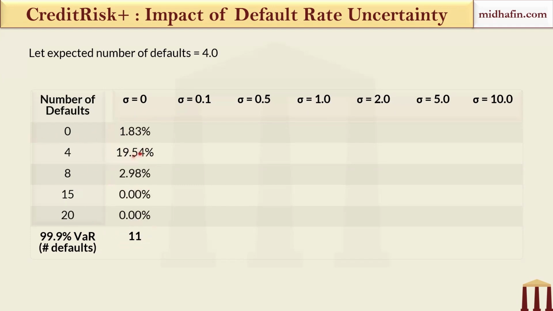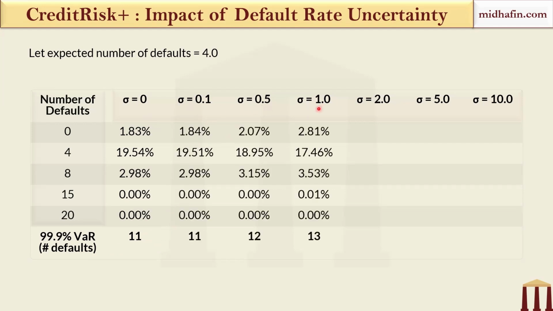Of course, you can see the highest percentage will be for the number of defaults being 4, because that is the expectation. So obviously the highest probability will be for this default only, but the 99.9 percentile, or the 99.9% VaR, which means the number of defaults we would expect in, say, 1 in 1,000 worst case, here is 11 defaults.